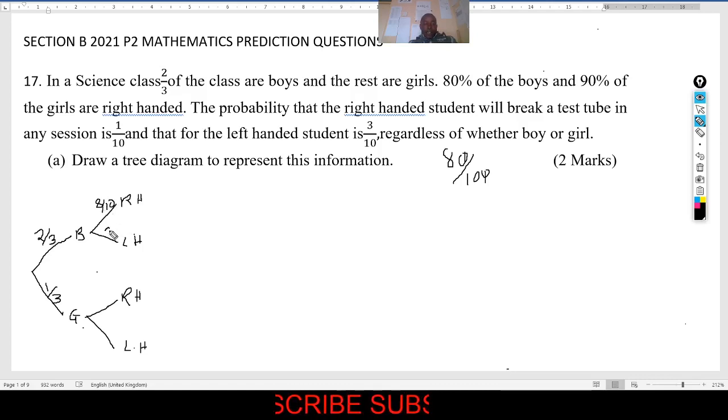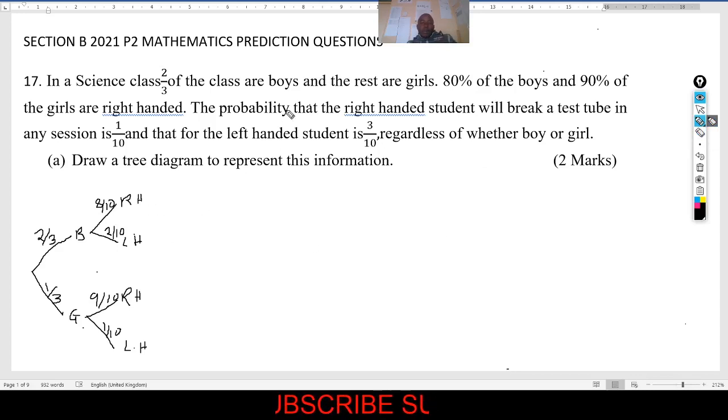So 2/10 are left-handed for the boys. And then you are told that 90% of the girls are right-handed. So right-handed is 9/10 for the girls, and therefore left-handed is 1/10 for the girls. Good. So from there you proceed.